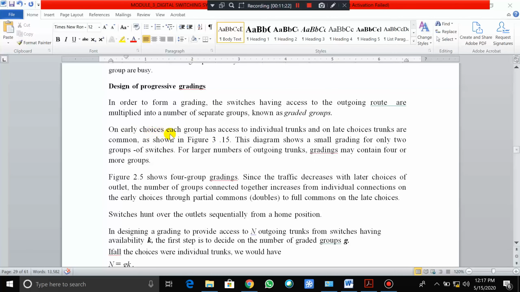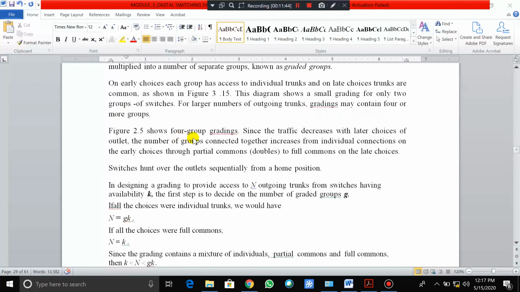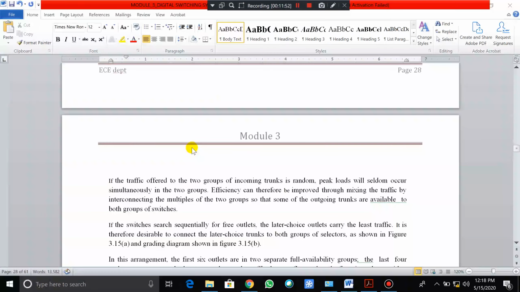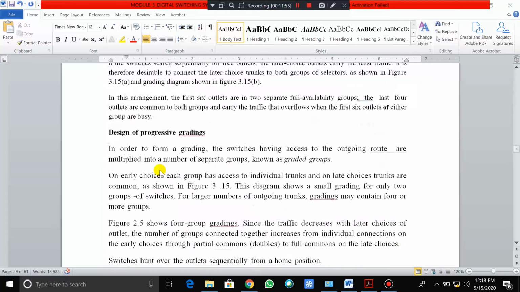On earlier choice, each group has access to individual trunks, and on later choice, the trunks are common, as shown in the diagram. This diagram shows a small grading for only 2 groups of switches. For a large number of outgoing trunks, the grading may contain 4 or more groups.